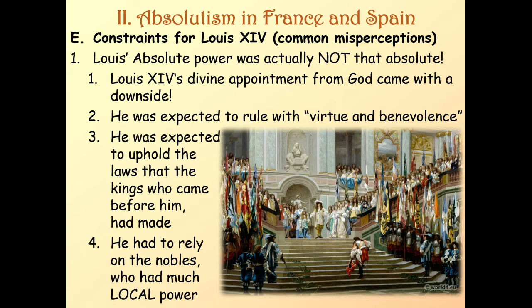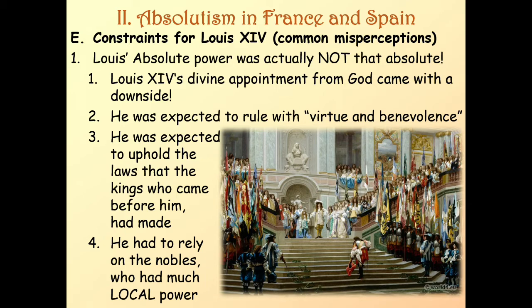Constraints for Louis XIV. There's a common misperception here. Louis XIV's absolute power was actually not quite as absolute as you would think. Louis XIV's divine appointment from God came with a downside. For one thing, he was expected to rule with virtue and benevolence. He was expected to uphold the laws that the kings who came before him had made.